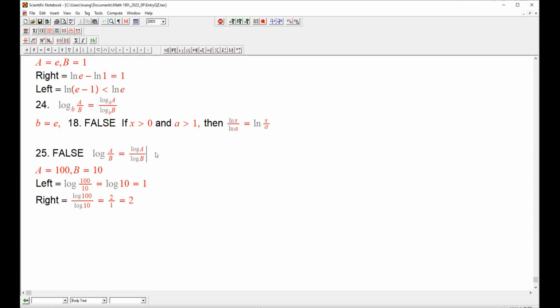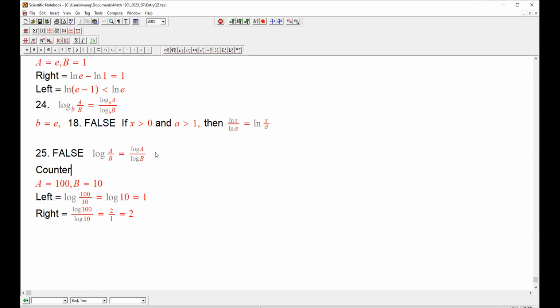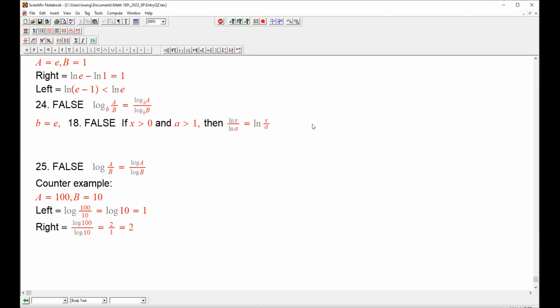We have a counterexample, and you can come up with many more.